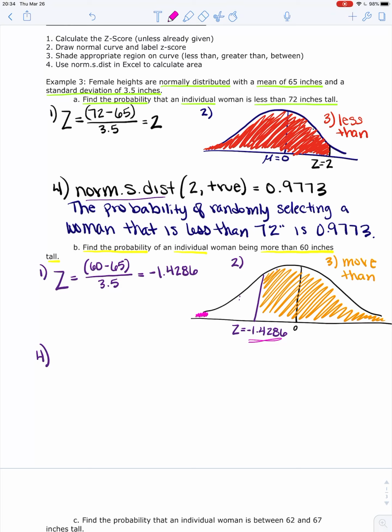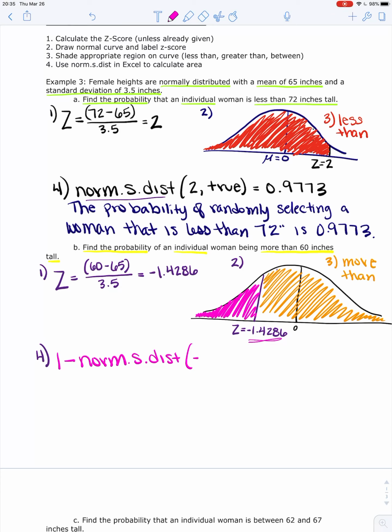When I go into Excel and put in norm.s.dist and my z-score, Excel is going to give me this area, what I'm shading here in pink. But I don't want that area. I want everything else. So we use the complement rule to get everything else. In Excel, I'm going to do 1 minus norm.s.dist.